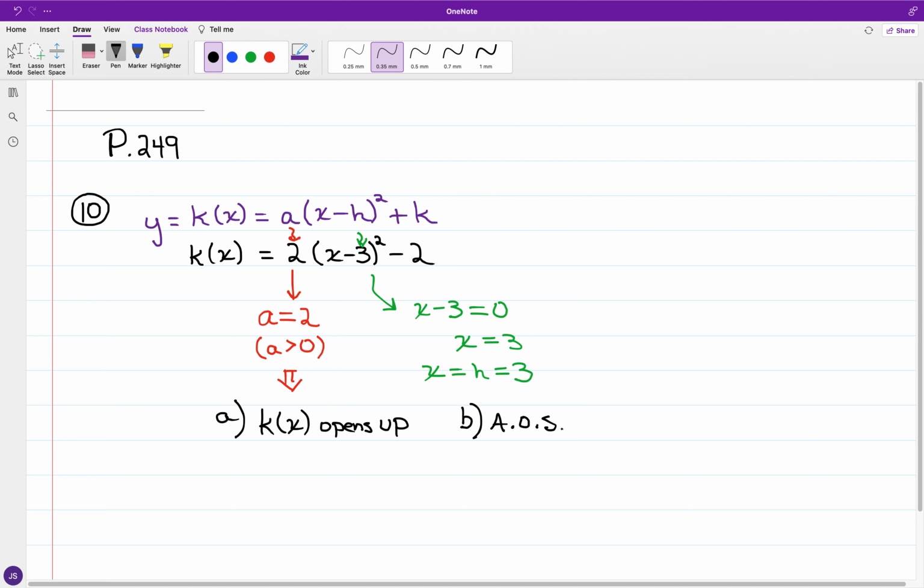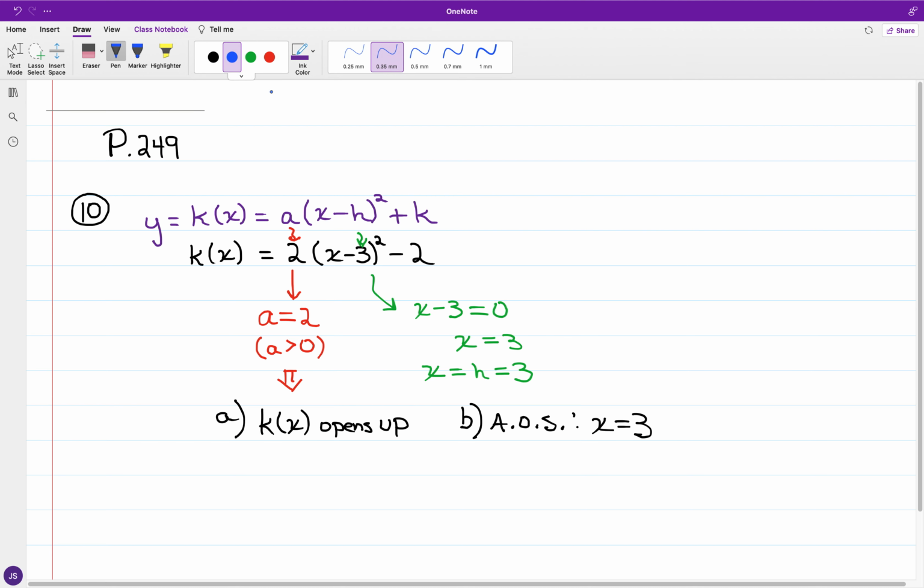And again, the axis of symmetry is going to be the vertical line that divides the graph of k of x into equal sections. So for the axis of symmetry, we're going to have x is equal to 3.